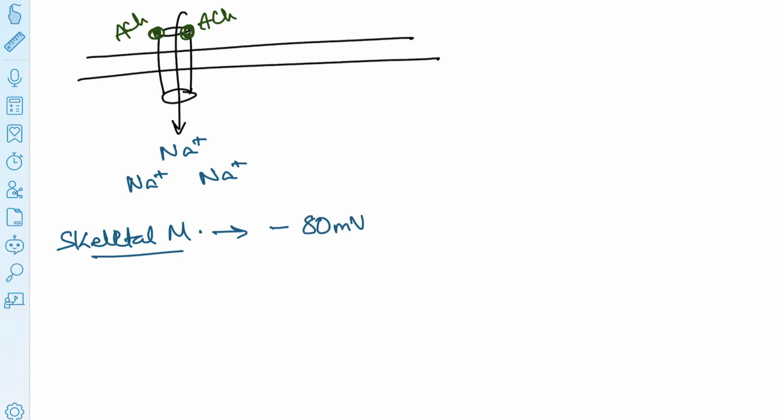So suppose it has minus 80 millivolt of resting membrane potential, and when nicotinic acetylcholine receptors are active and it causes huge influx of sodium ion into the cell, this resting membrane potential will start to rise. So it will start to become more positive. Suppose it reached minus 60, or even minus 50 millivolt, right?